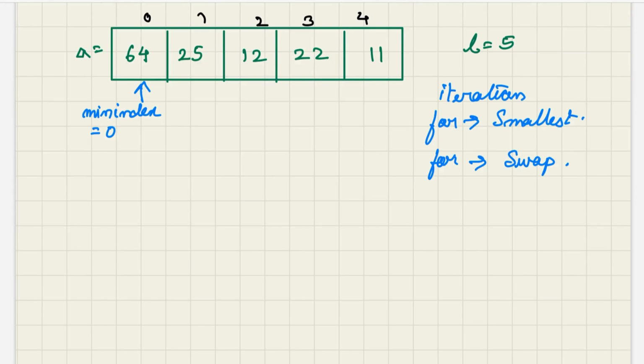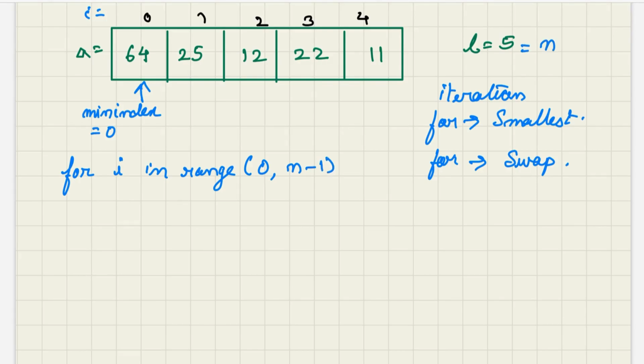At minimum index equal to 0, my first smallest value is residing. Once we have assumed it, we have to compare it with the rest of the elements, whether that is correct or not. For that, I will create a for loop. I will start with i, that is the index. i in range, I'll start with 0 till n minus 1.